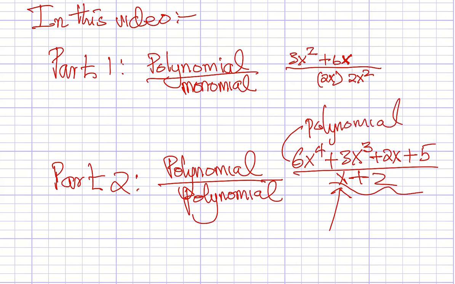Now, there's something else I want to mention. This is called long division. Don't be scared, man. It's nothing to be scared of. We've done it before. When I did arithmetic, remember we did long division. So we're gonna follow the same pattern we did there. But this one has a unique aspect to it. I will show you the easy way to do it, just like we did in arithmetic.